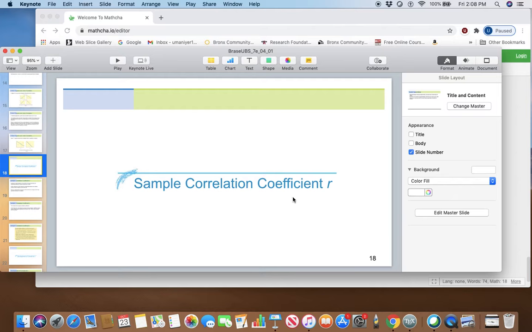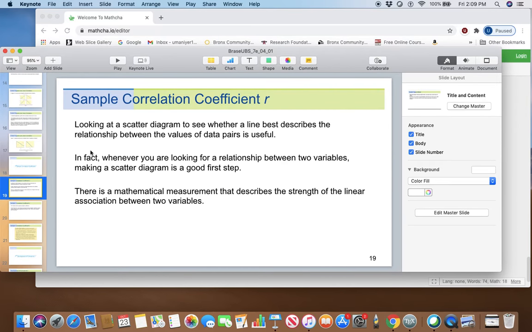Sample correlation coefficient R. So now we want to find out the sample correlation coefficient. Looking at a scatter diagram to see whether a line best describes the relationship between the values of data pairs is useful. We want to look for a line. In fact, whenever you are looking for a relationship between two variables, making a scatter diagram is a good first step.